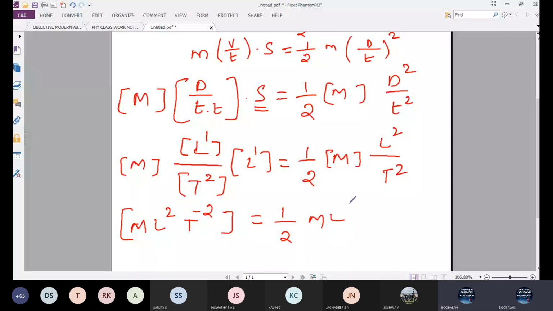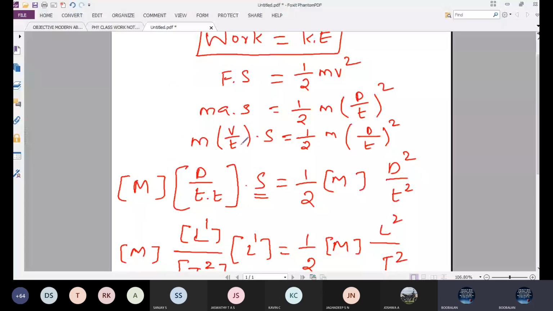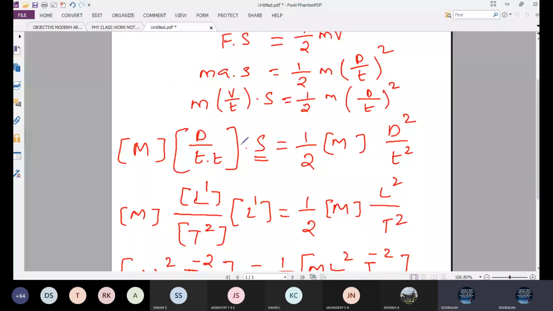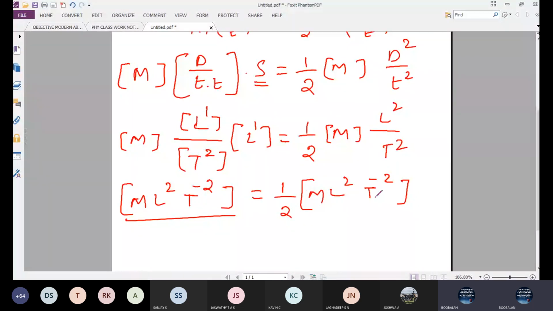So this is the dimension formula of work and the dimension formula of kinetic energy: 1 by 2 m L square T power minus 2. 1 by 2 is the constant, no need to worry. So M L square T power minus 2. Both are equal.